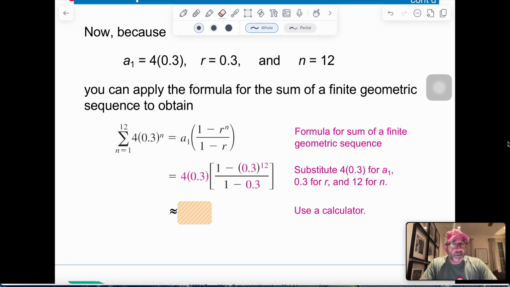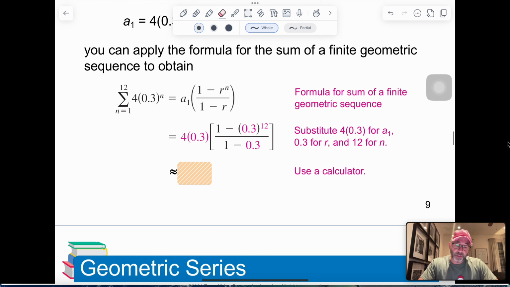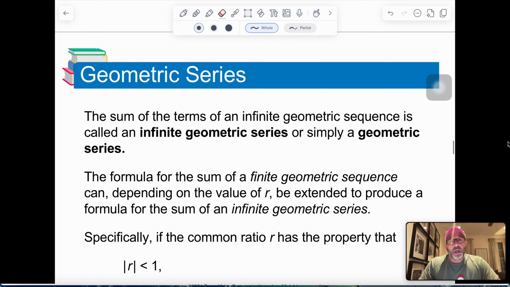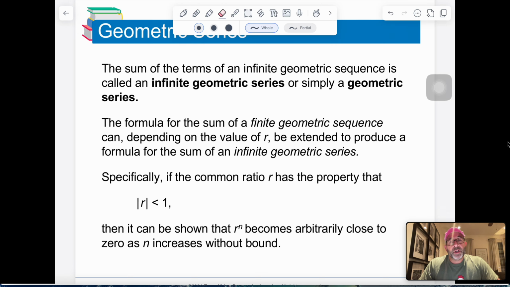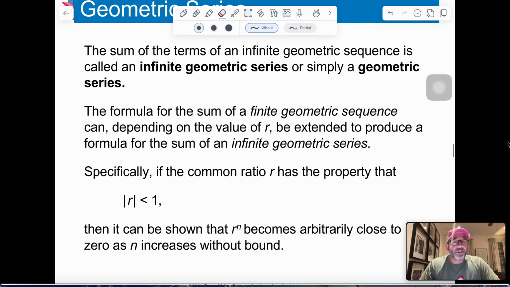Throw this into your calculator. Make sure we use decimals. When we simplify this, we get that the sum of the first 12 terms would be approximately 1.71.